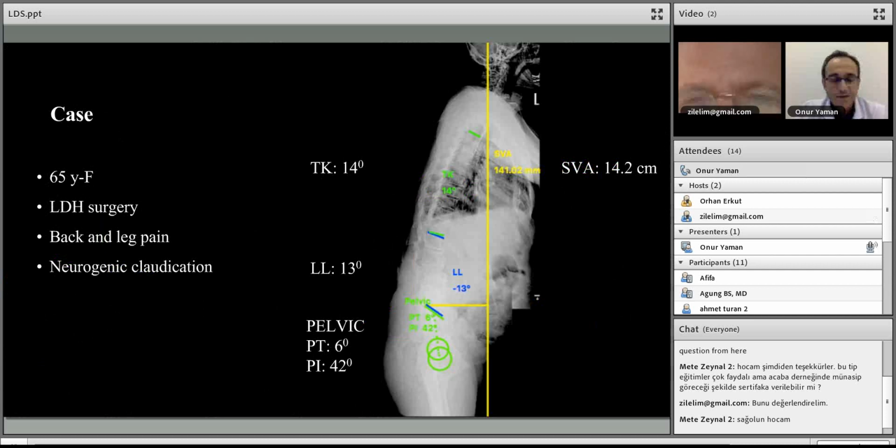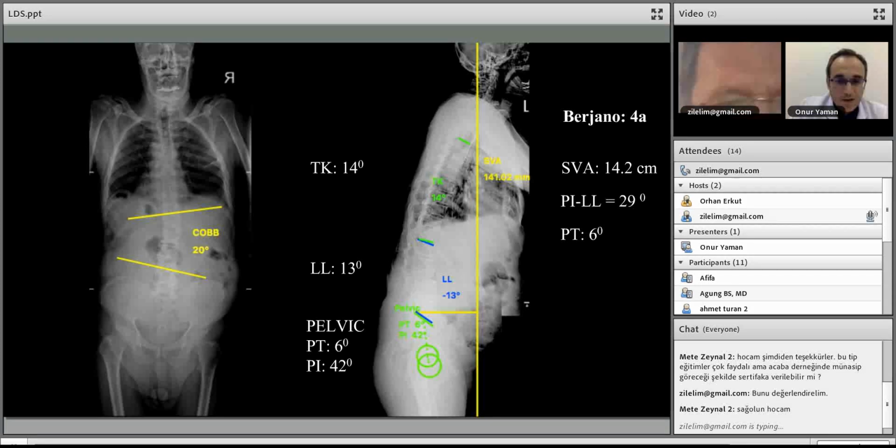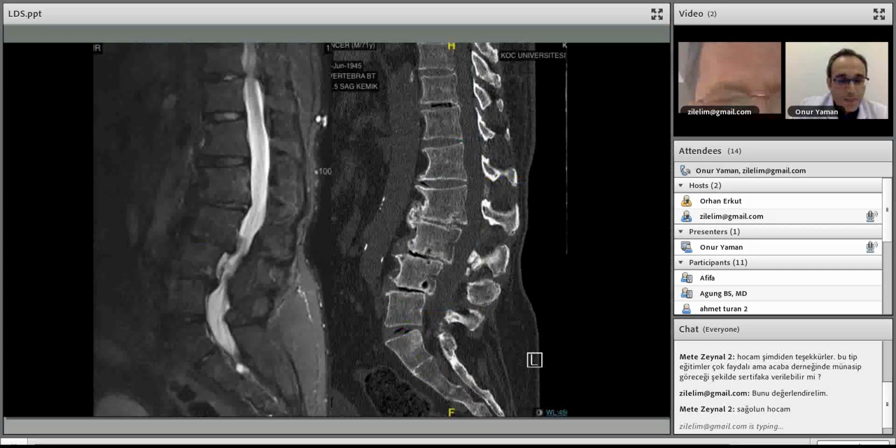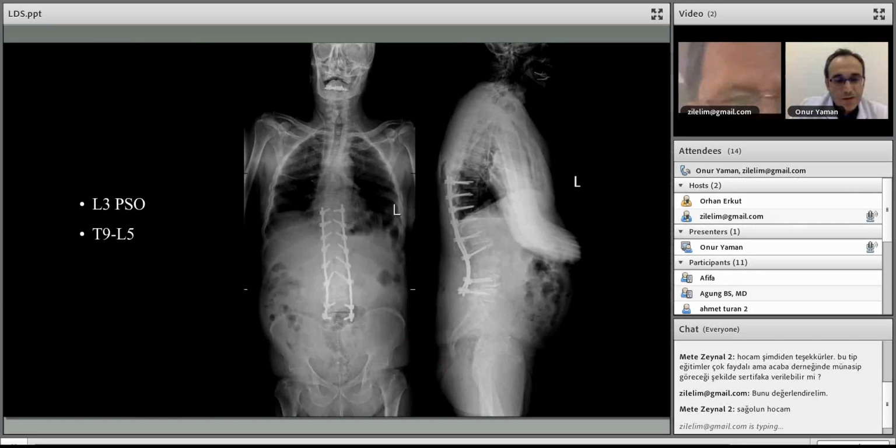And another case, this female is 65 years old and had lumbar disc surgeries before. Now this patient has a neurogenic claudication, and you see that this patient has a 14 centimeters positive sagittal imbalance. The lumbar lordosis is not good, and we have operated this patient from T9 to L5, and we have performed the L3 pedicle subtraction osteotomy here.